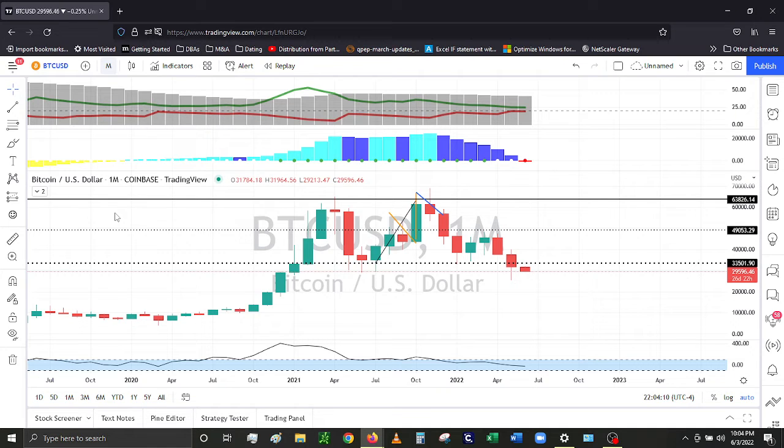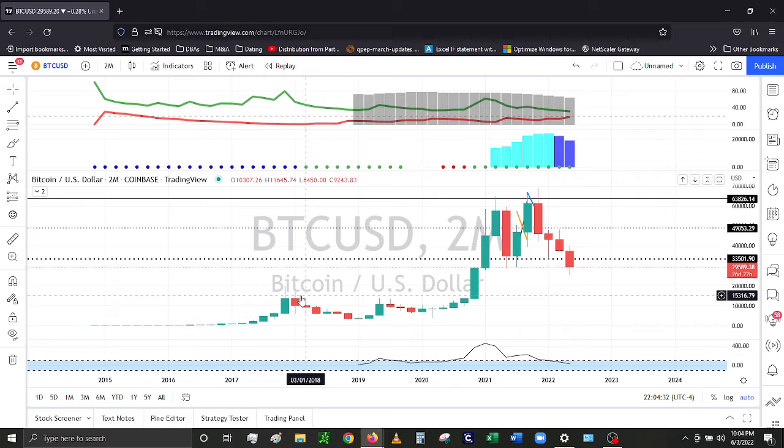So let's look here. 1, 2, 3. The third wave is always the biggest, the longest.